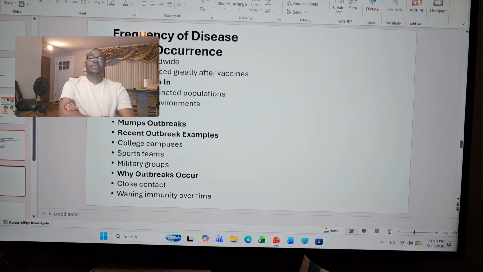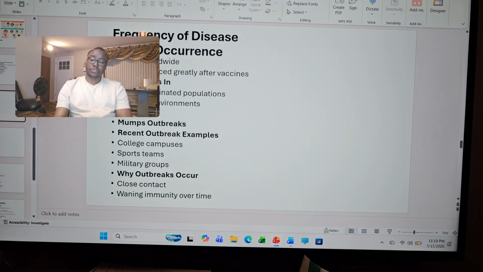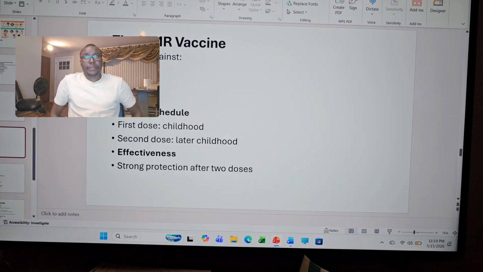Since COVID, we've been taught to keep space, at least 6 feet. Waning immunity over time, so boost your immunity every now and then. The MMR vaccine protects against measles, mumps, and rubella, as I said earlier.